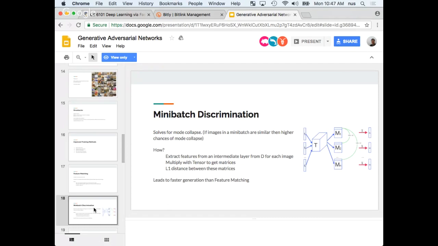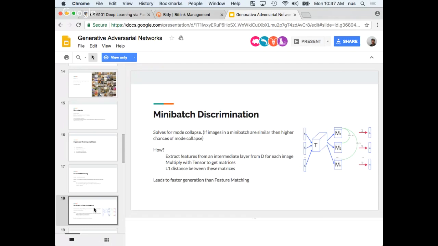The second technique is mini-batch discrimination. One of the key characteristics of mode collapse is, given a mini-batch of examples, all the images generated by the generator will be pretty similar. There'll be a few variations here and there, but they'll tend to match.